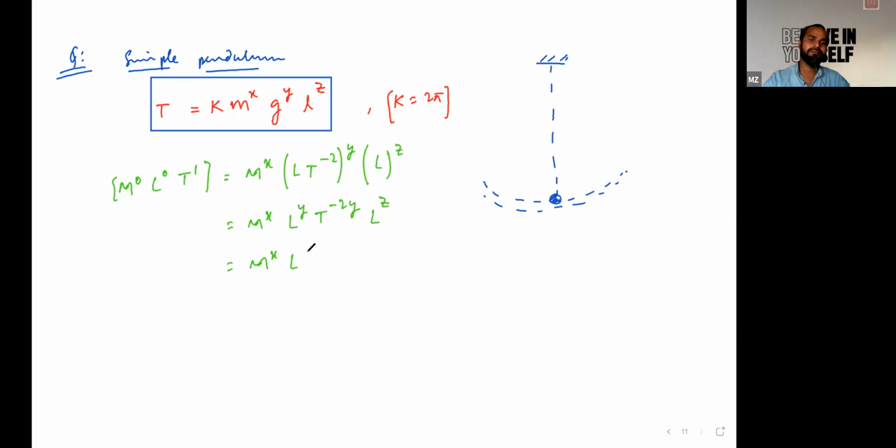Good. So this would be the final expression. I need to know where I made the mistake. Okay, thank you, sir. Just compare the exponent of each term and try to obtain x, y, and z.